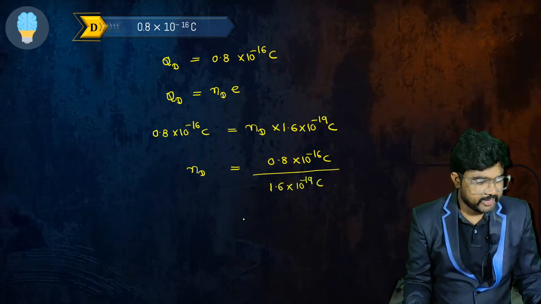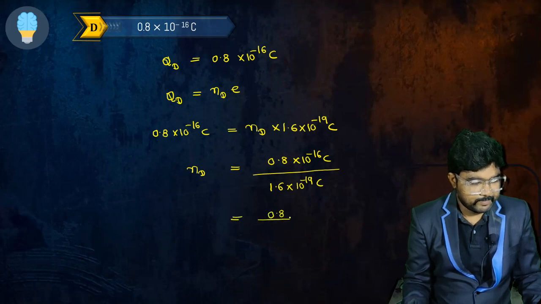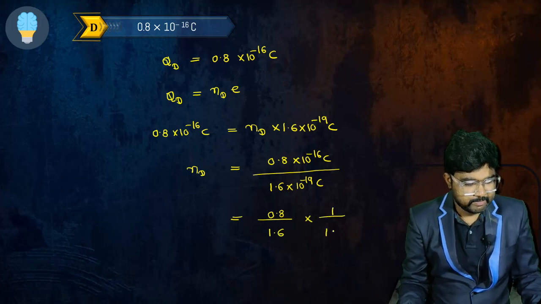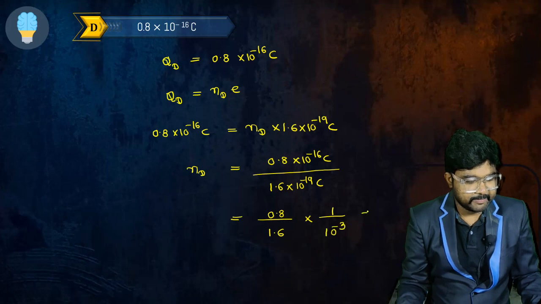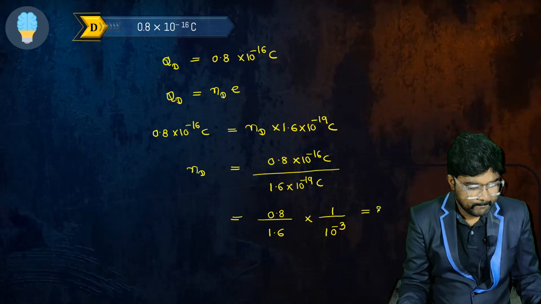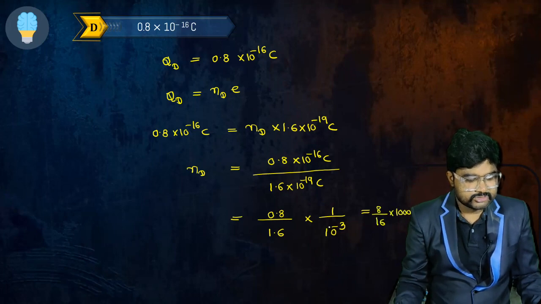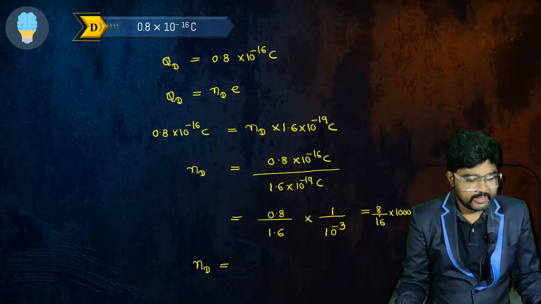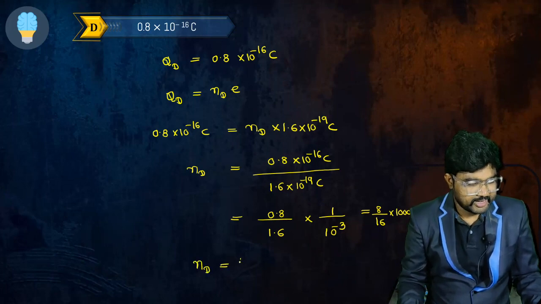That is 0.8 by 1.6 into 10 to the power of 3, which is 8 by 16 into 1000. So you will get 500 electrons.